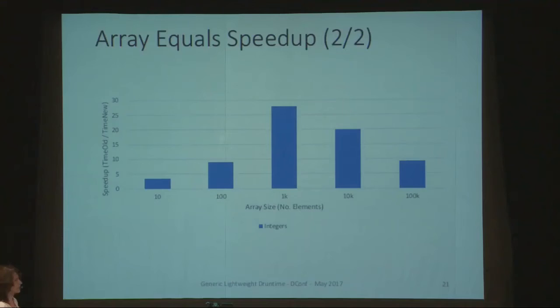Now the surprise with equals was with arrays of integers. I can't really explain how this goes up to 20 times faster because, in the background, it's still a memcmp. So the old approach and the new approach basically just call memcmp in the background.